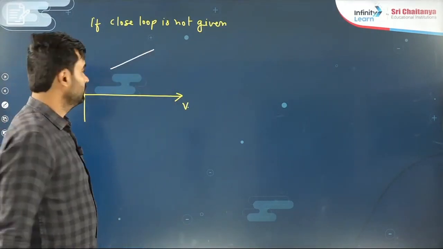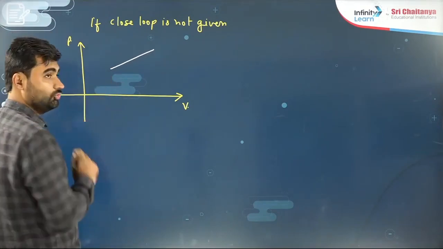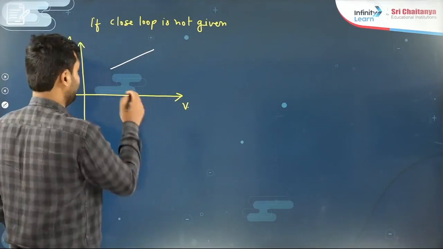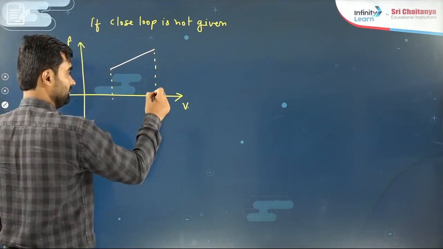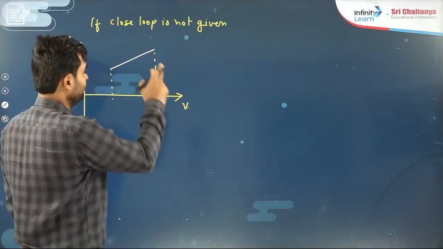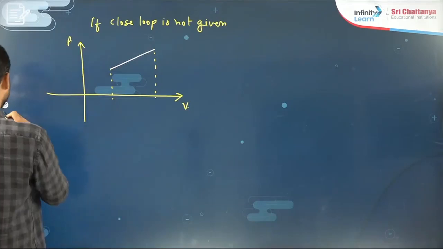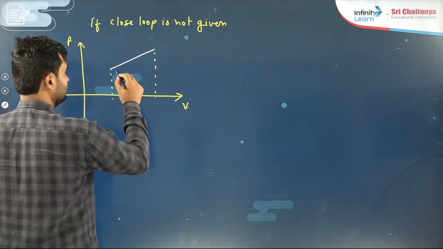So what to do? I explained you have to join the starting point and end point with the volume axis, then calculate the complete enclosed area. This area you have to find out.